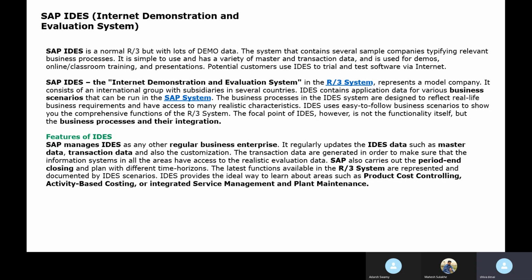There are two types. One, you can have on premise, or you can have on cloud. If you want to take SAP for your business, you can go with on premise or on cloud. On premise means you have to purchase servers. Servers, you know, right?